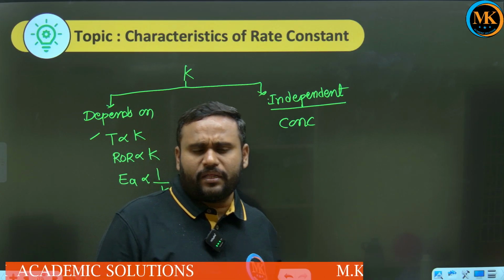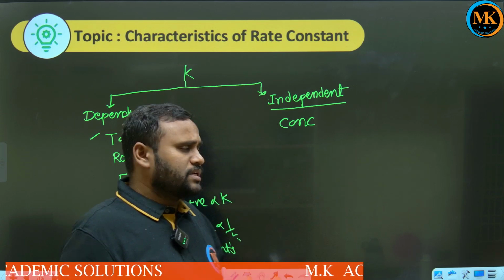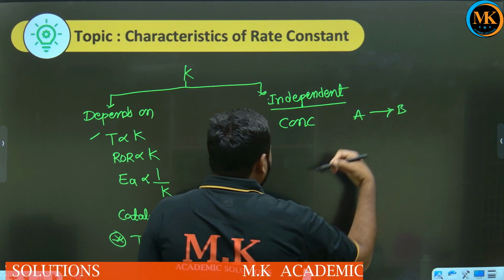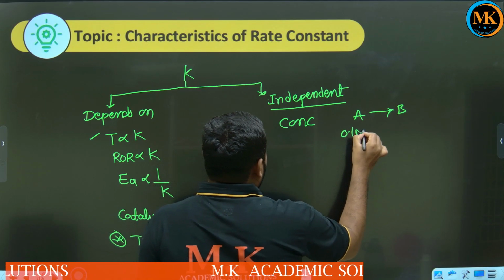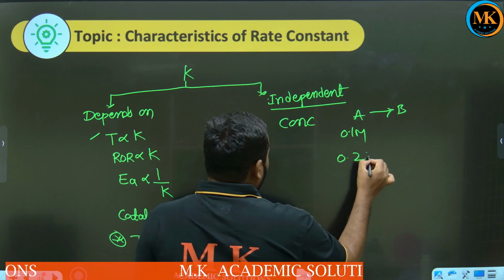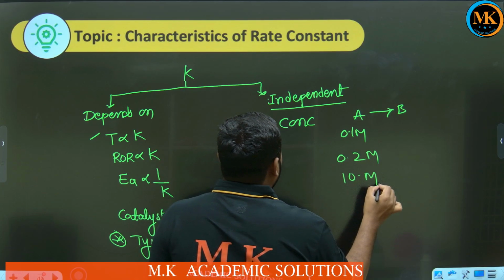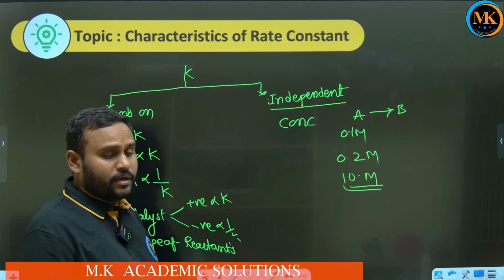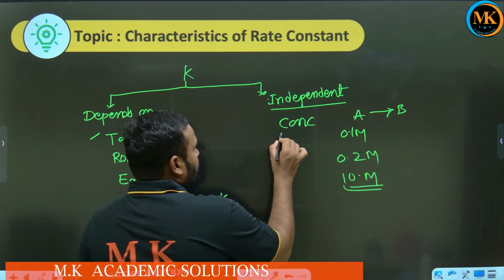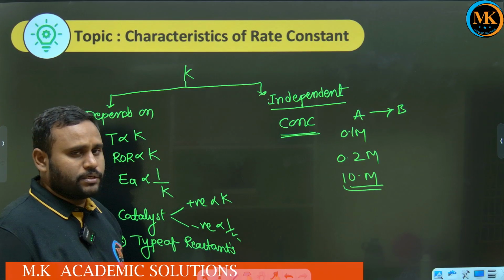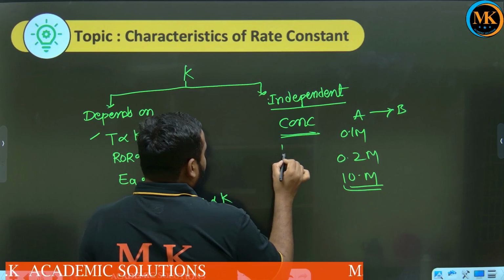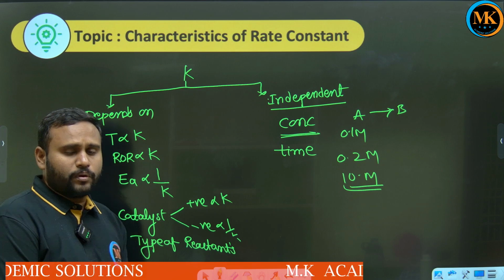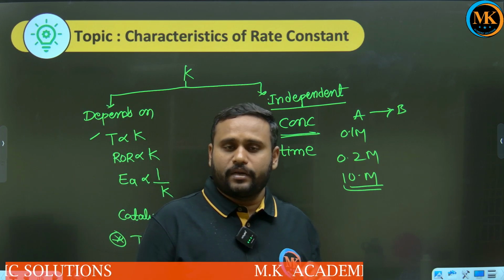You can take different initial concentrations also; the rate constant is not going to change. For example, for A to B, we are doing a reaction with 0.1 mole of A, 0.2 mole of A, or 10 moles of A. However much you take, the rate constant is not going to change for a particular reaction. So it does not depend on the concentration, and it does not depend on the time also.